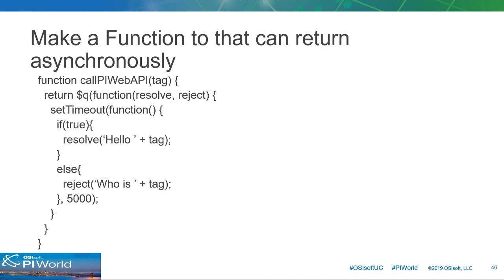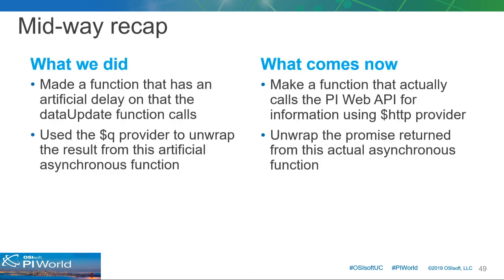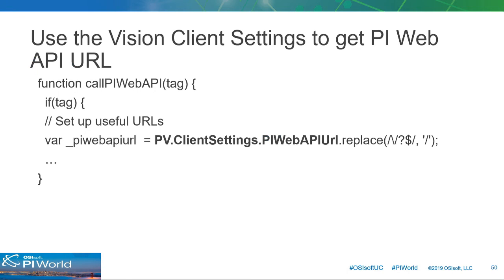I'm going to skip over a little bit of this. This is just demonstrating asynchronous functions with Q. But I imagine you guys are a little more interested in using this with the PyWeb API.